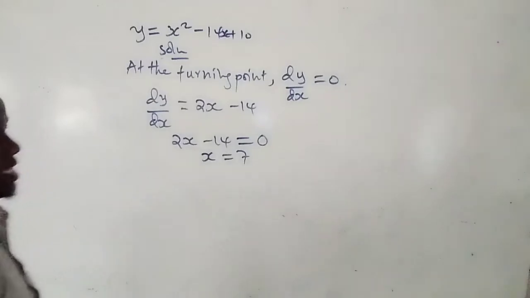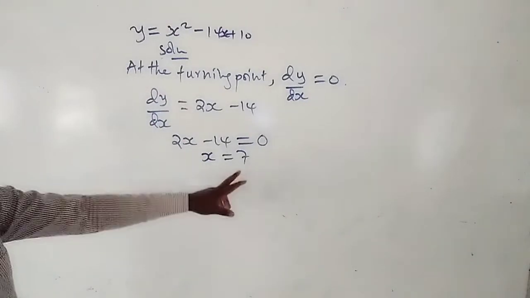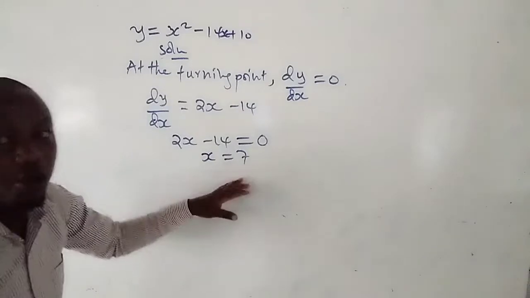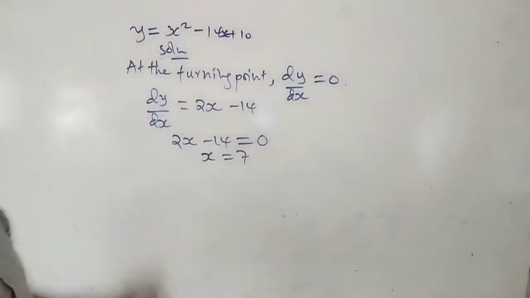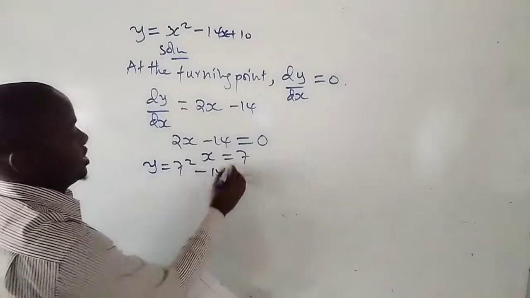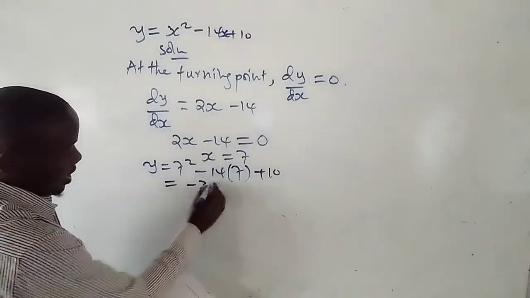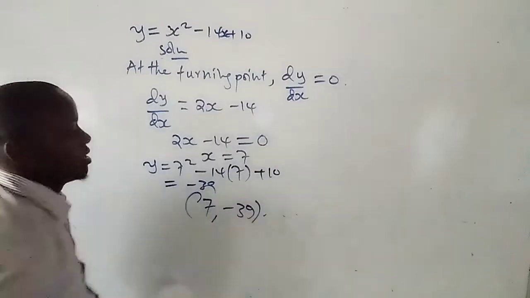Because we are asked for the coordinate, to get it we need the y component, which is gotten by substituting x in the original function. So y will be 7 squared minus 14 times 7 plus 10. This will simplify to negative 39. So the coordinate will be (7, negative 39).